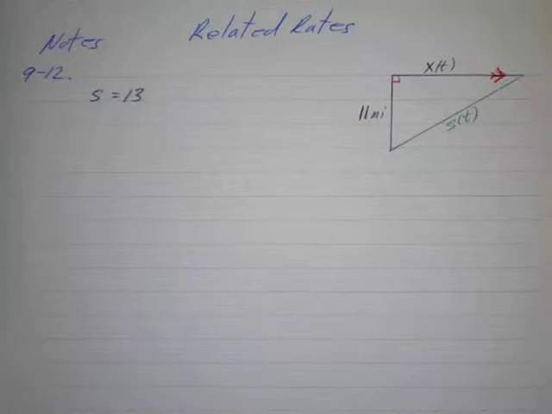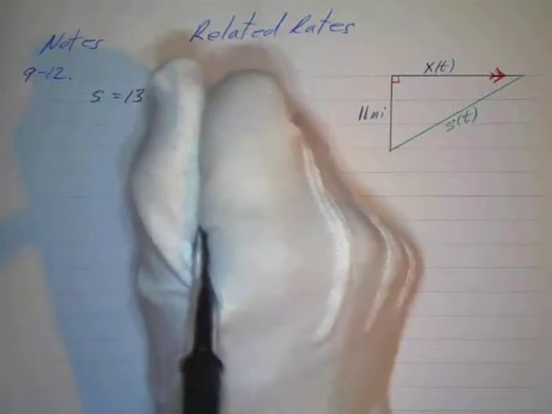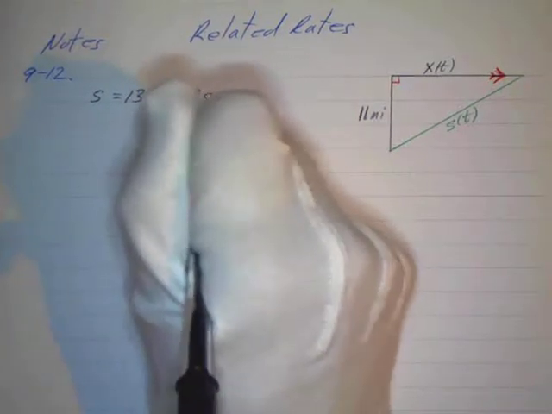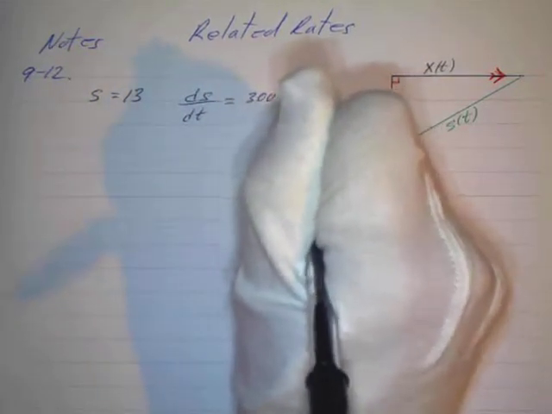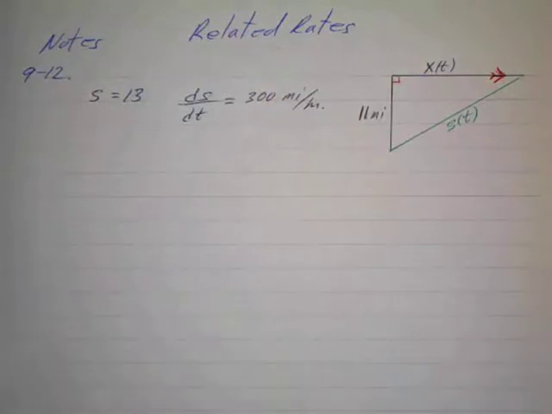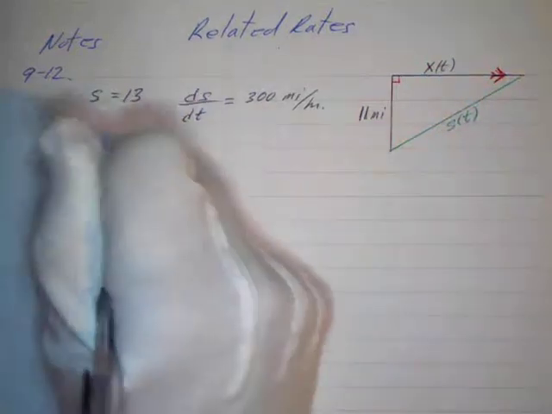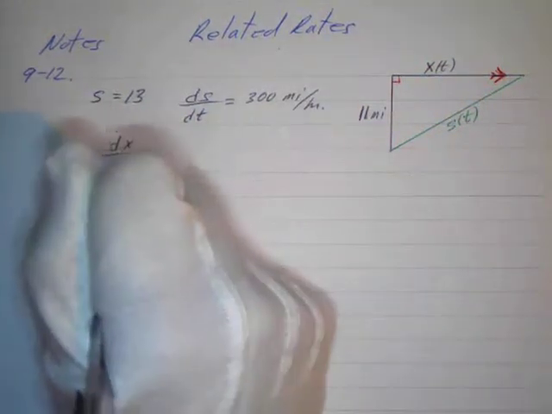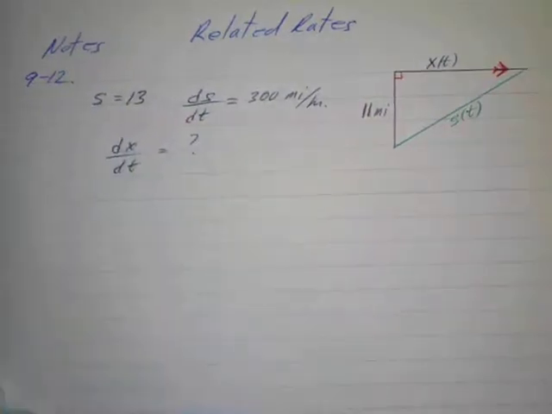Then the distance S is increasing, so that's ds dt equals 300 miles per hour. What is the speed of the plane at that moment? That's as the x is changing, so that would be dx dt, so that's what we're looking for, dx dt. So first of all, you want to write down what you're looking for.